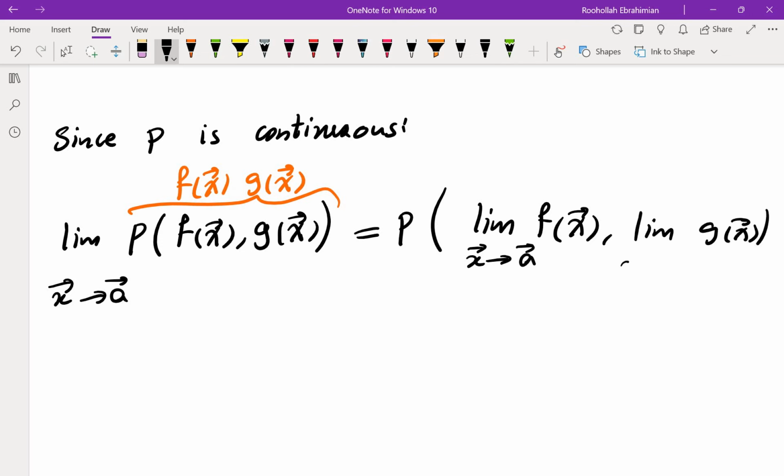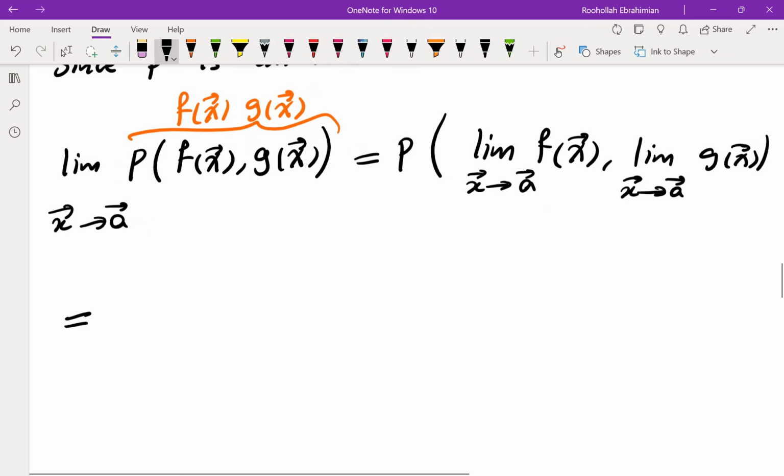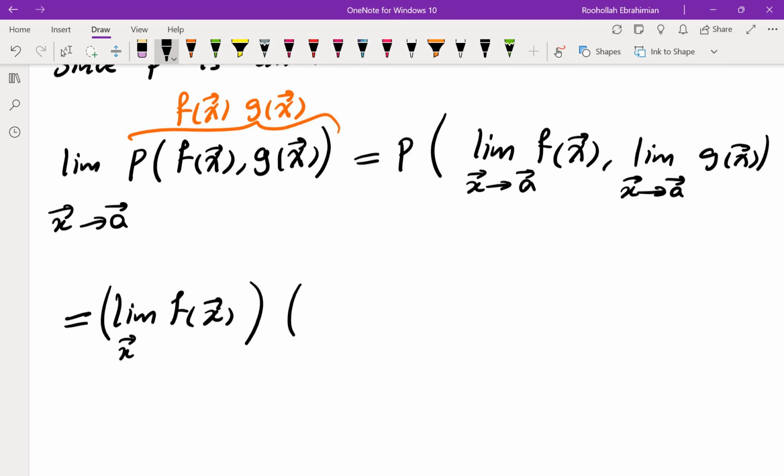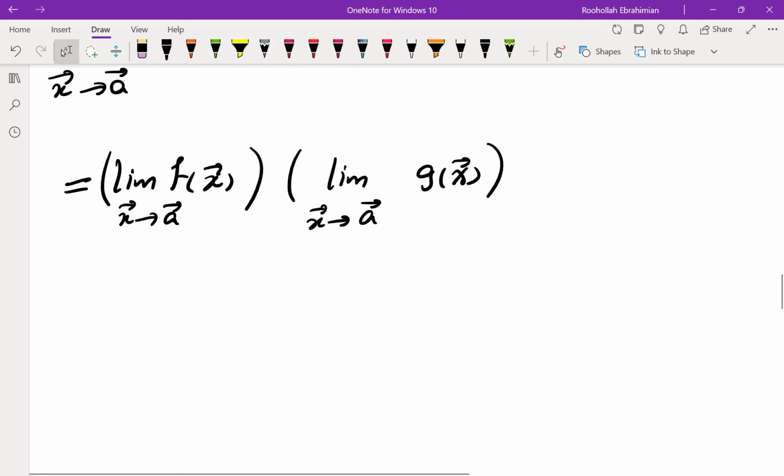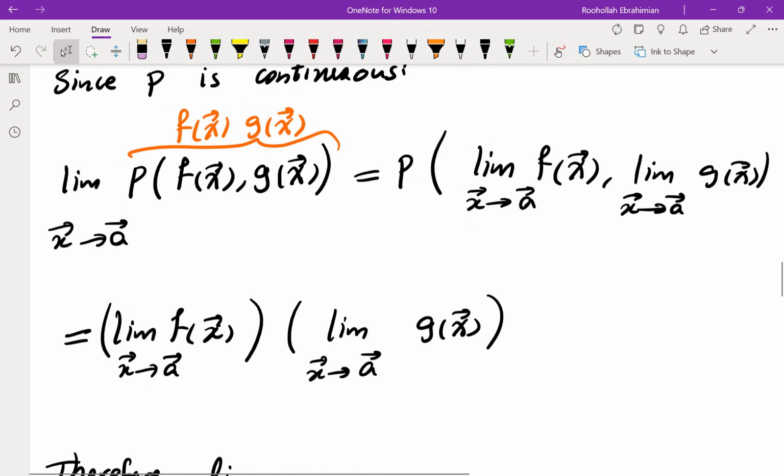And what is P of something? P is just a product. So this would be just the limit of f of x times the limit of g of x as x approaches a. So what we got is the limit of the product.